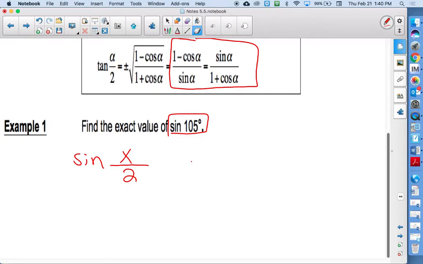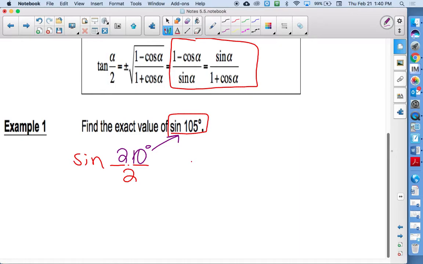So that's how the half angle formula works. Our goal is to pick an angle that when you divide it by 2, it equals 105. So 210 degrees divided by 2 is 105 degrees. So I'm using the angle 210. When I cut it in half, I get 105. Questions on how to get that 210?